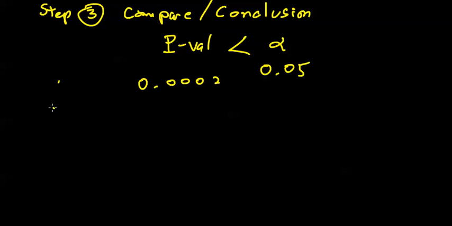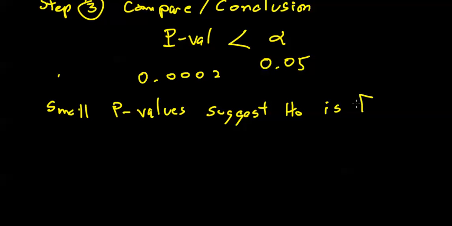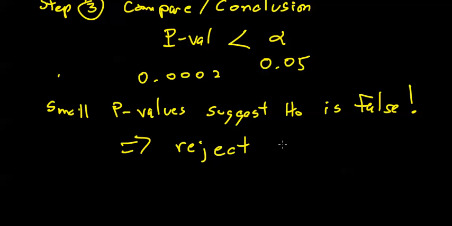And recall from Chapter 8 that small p-values suggest H0 is false. Doesn't prove it, but suggests it. All right? So our conclusion here, I should say, would be to reject H0, the claim that population proportions are the same.